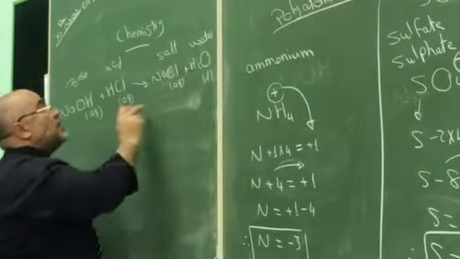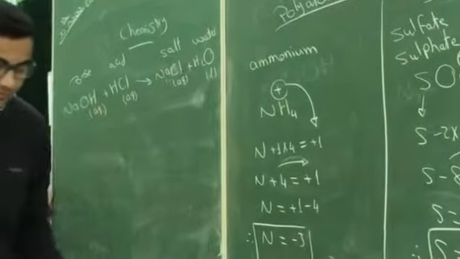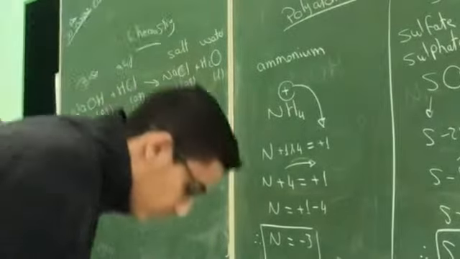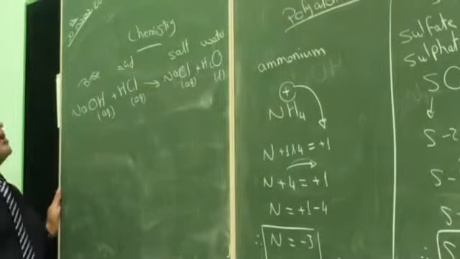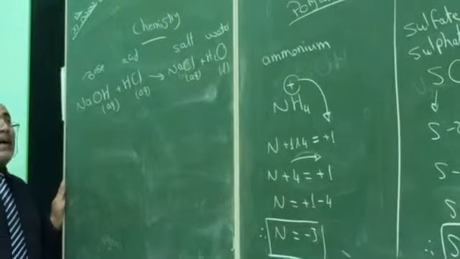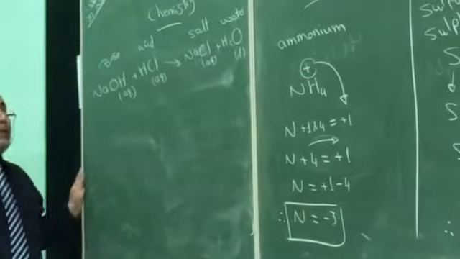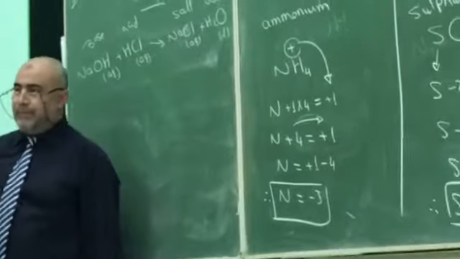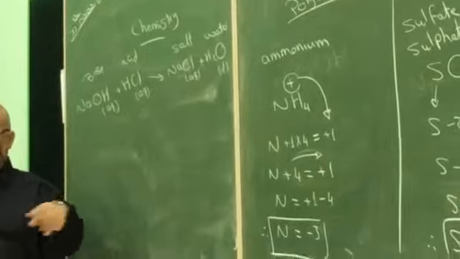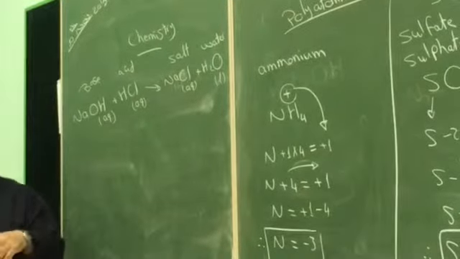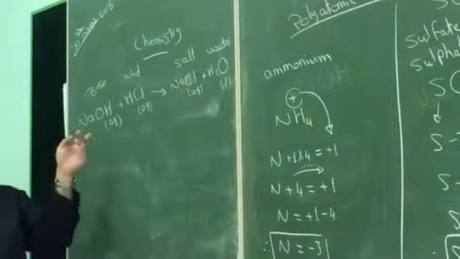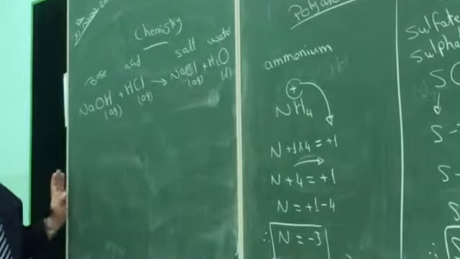In this process, acid and base neutralize to produce salt and water. That is the neutralization process. It looks like double replacement, not single replacement like sodium and water. It is double replacement.